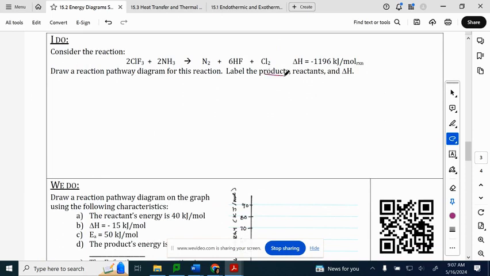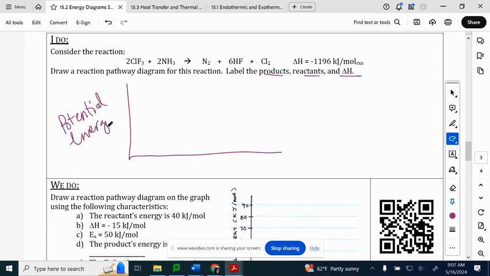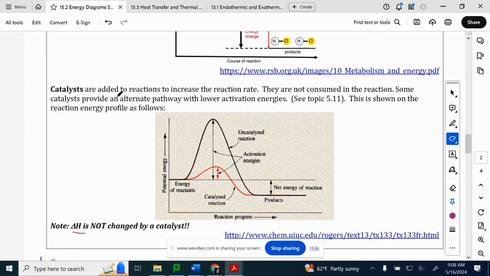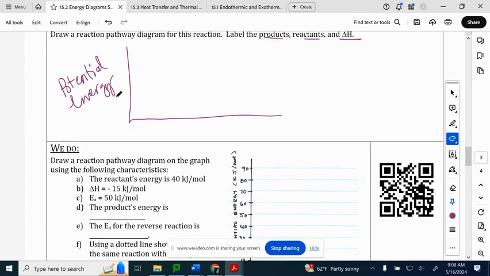We're going to label the products, the reactants, and the delta H. So I'm going to start out here. This axis is going to be potential energy. The other axis, they call it course of reaction. Remember, reaction can be abbreviated RXN.